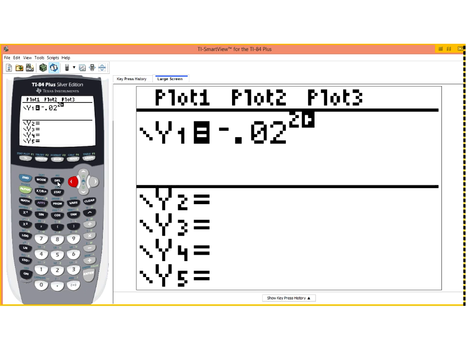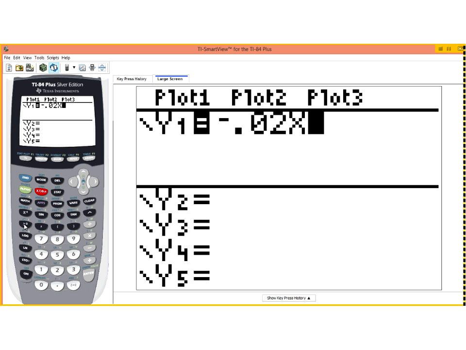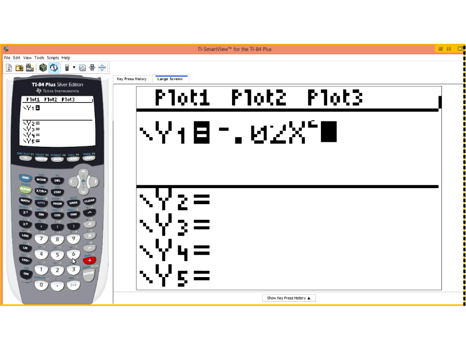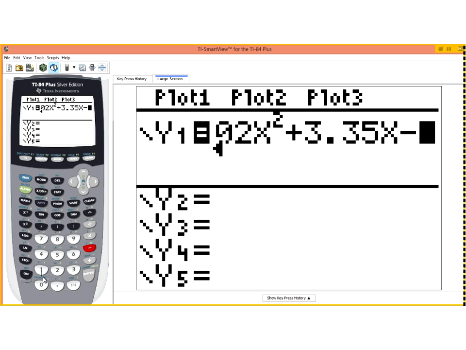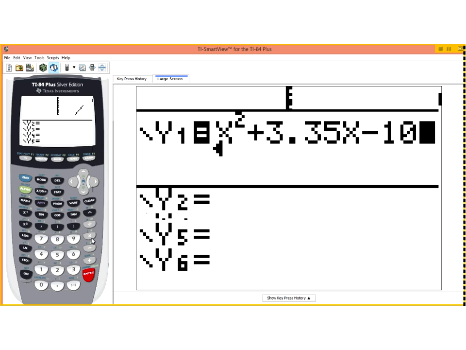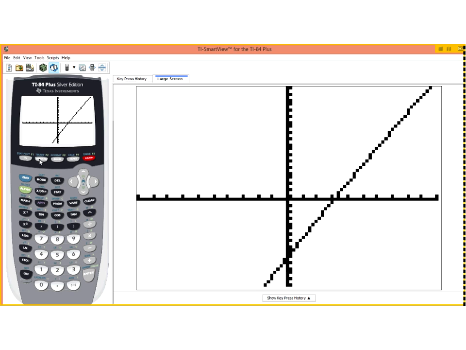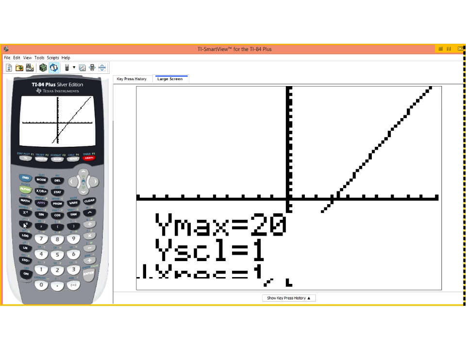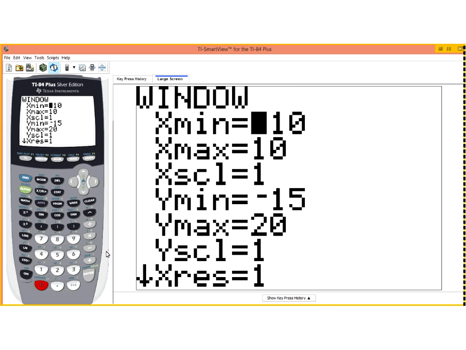Minus 0.02x squared plus 3.35x minus 10. Now, let's see, I'm going to graph it and see what happens. I need to change my window. The x isn't valid less than 0 because it's items.